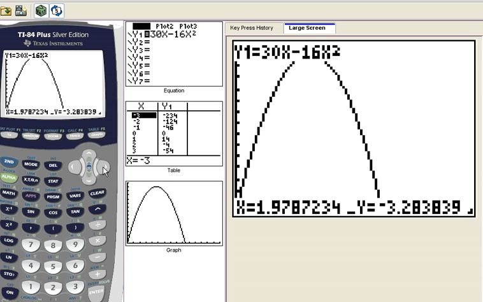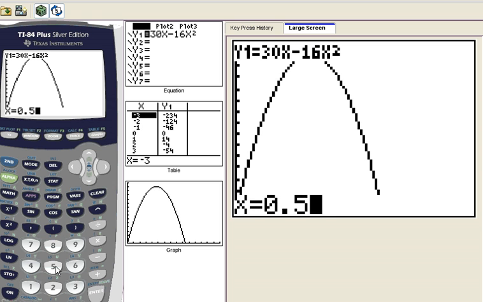Then I'm going to move my cursor back, and I wanted to know how high it was after 0.5 seconds. I could keep moving until I get to 0.5, but there's a quicker way. You can just enter any of the x values, the independent variable, use the keyboard and press 0.5 and then press enter.